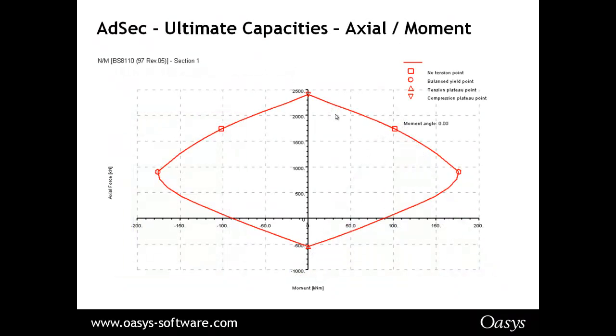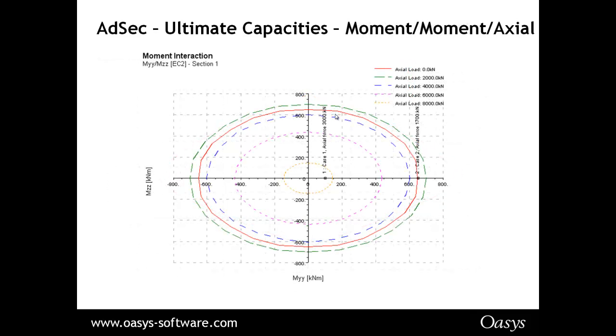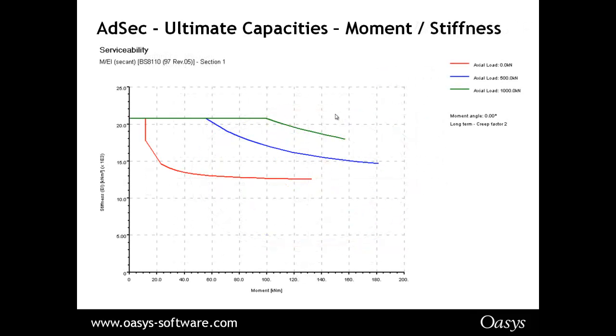Results: these axial moment charts, as we saw in ADC, the moment charts for a range of axial loads. Also, an interesting one, the moment stiffness chart. So this is plotting the stiffness of the section over a range of bending moments up to failure for a number of given axial loads.